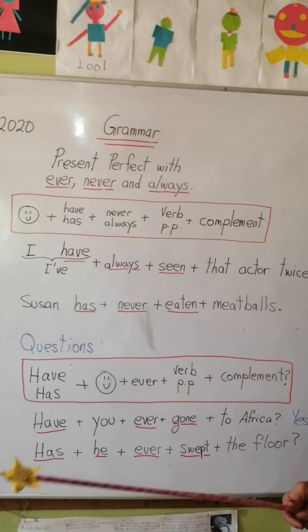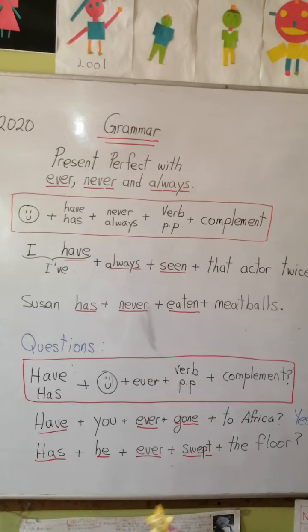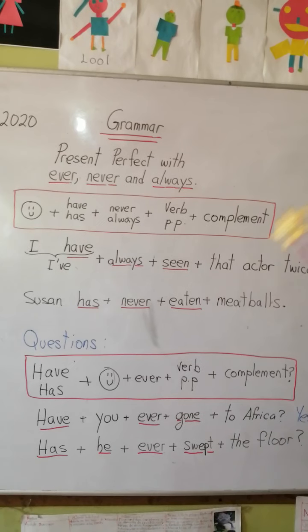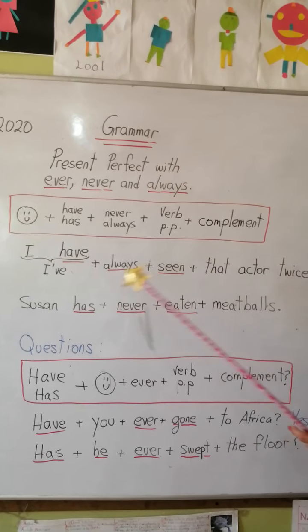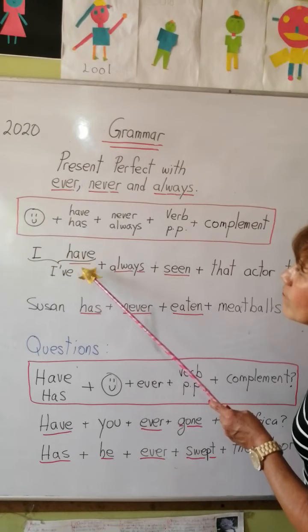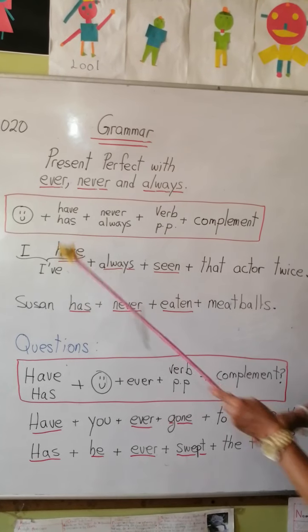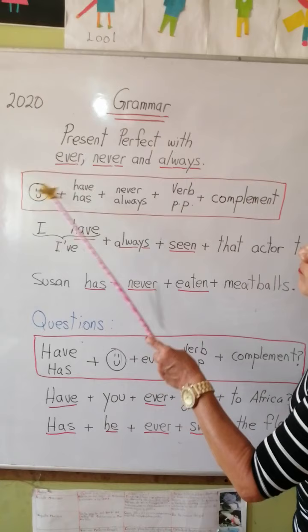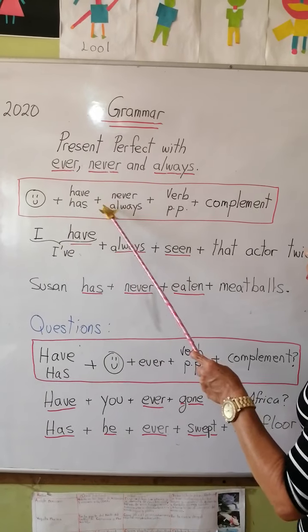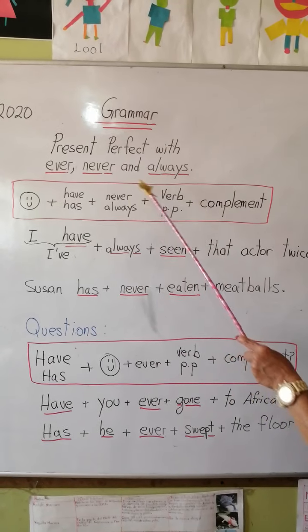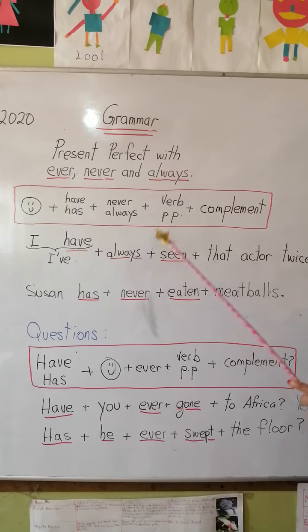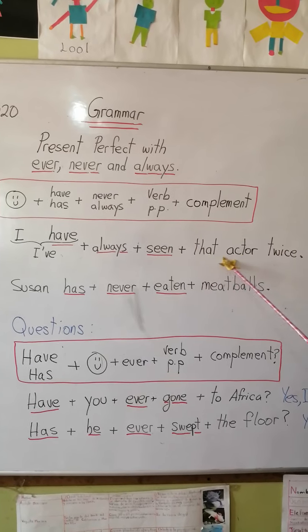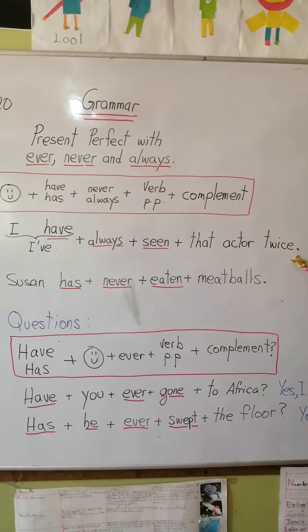The regular verbs, no. Let's see the first example that I wrote here. Subject I, have always, verb in past participle seen, and complement that actor twice. What does it mean?